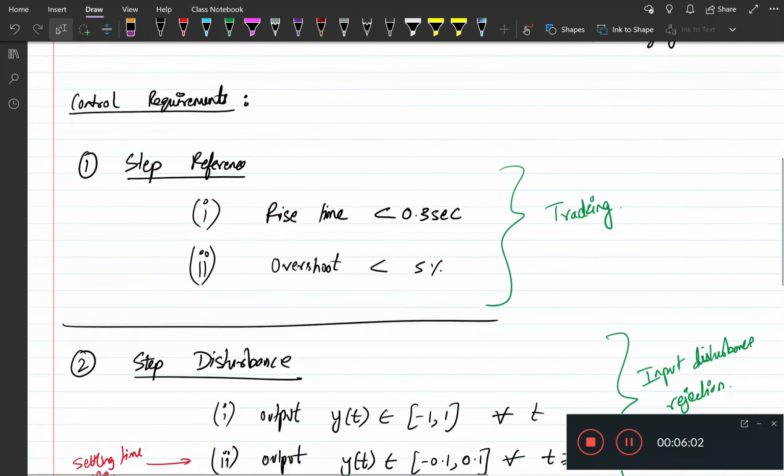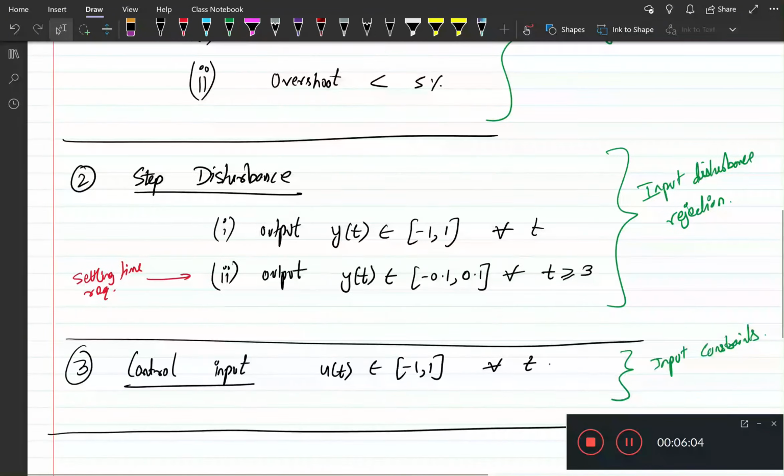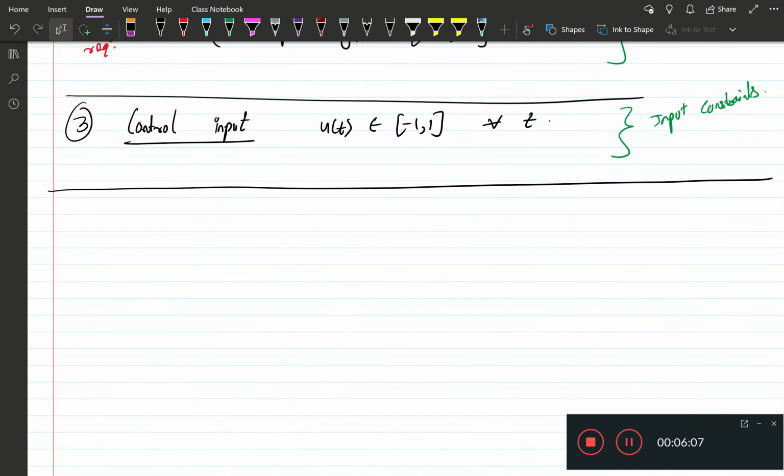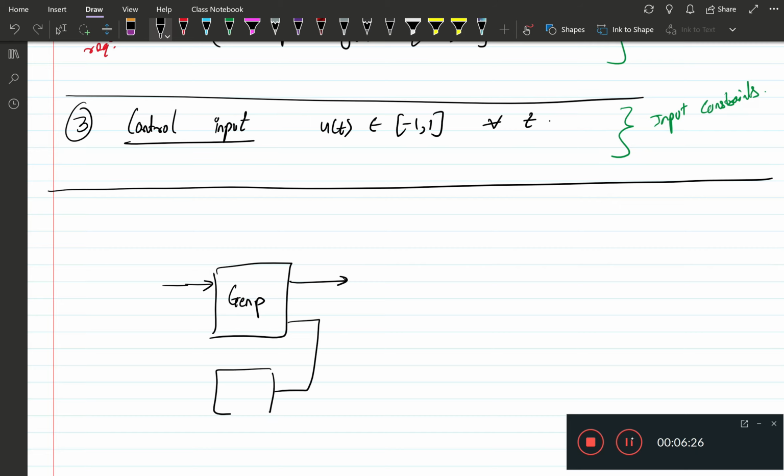So let's see how to do this. So what we know is that if we write the problem in the form of an H-infinity optimal control problem with the help of a generalized plant, we can use the Hinf command to find the controller that optimizes this H-infinity norm. So let's write the structure of the problem.